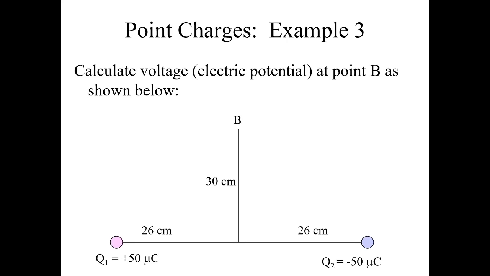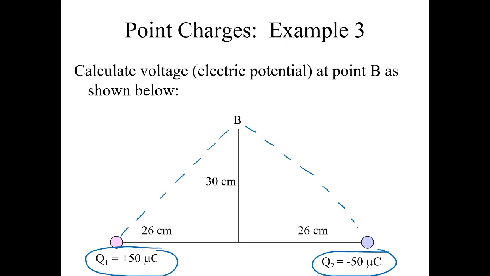Now we got one that's perhaps a little more tricky. It's the same charges, positive 50 microcoulombs and negative 50 microcoulombs. We're going to have to figure out what the voltage is if we were at point B. Now, there's no charge at point B. Point B is just a point in space. We would need to calculate the distance.